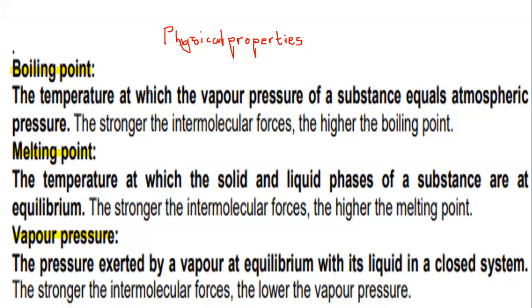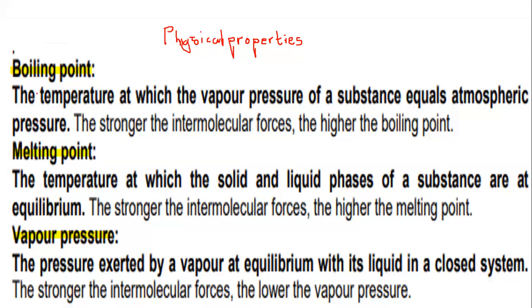And therefore, I cannot expect a pentane to have the same physical properties as a pentanol. In other words, I cannot expect pentane to have the same boiling point, or the same melting point, or the same vapor pressure as pentanol.